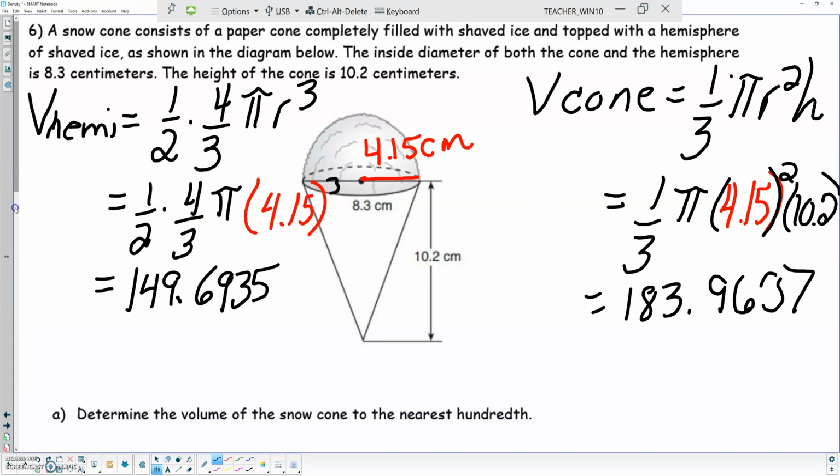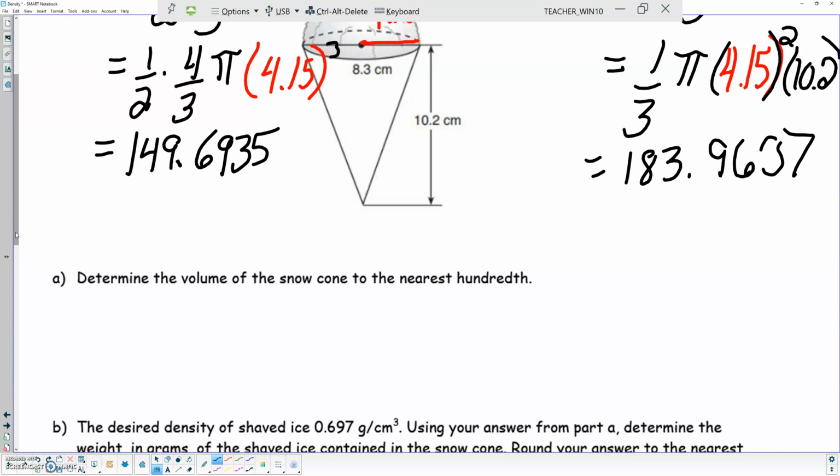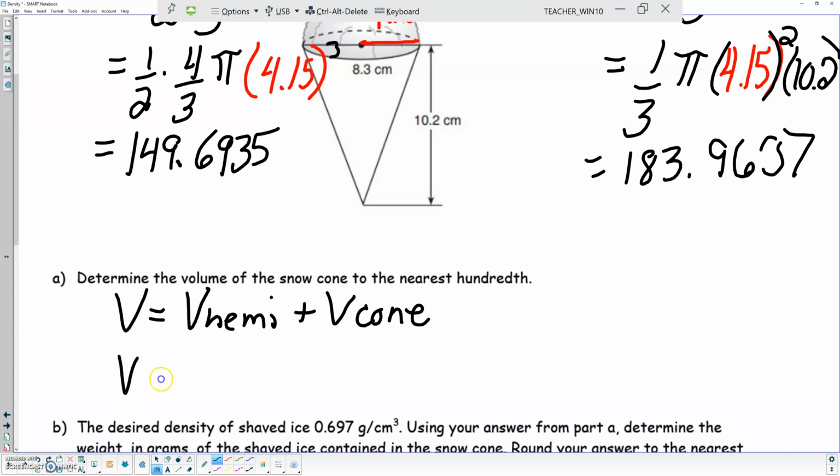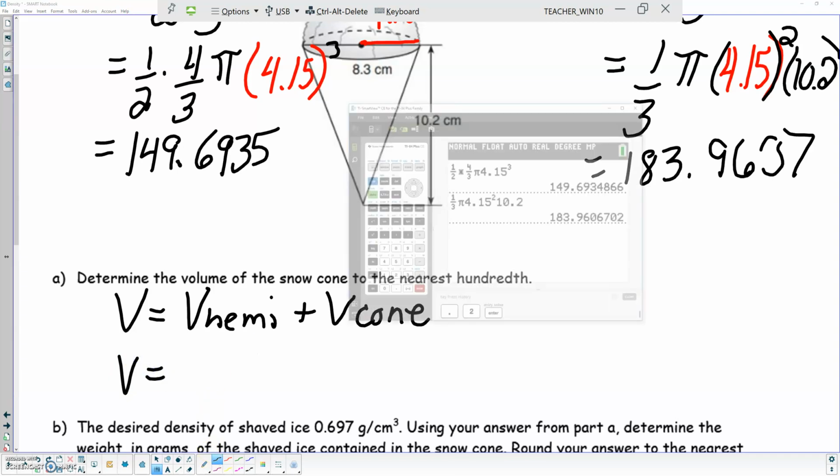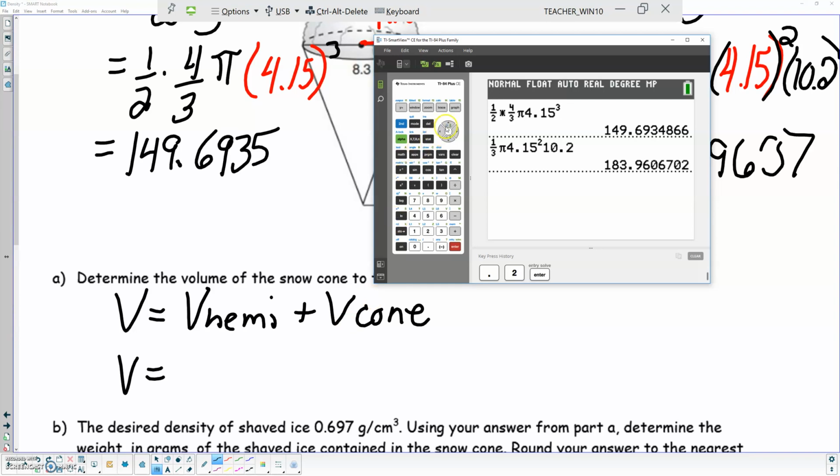Okay, so to determine the volume of the snow cone, we're going to have to take the volume of the hemisphere plus the volume of the cone. Okay, and again, in a question like this, you don't want to round your answer until the very end. So I'm going to go back to my calculator, and we're going to copy these entire decimals. So this was the volume of the hemisphere plus the volume of the cone.